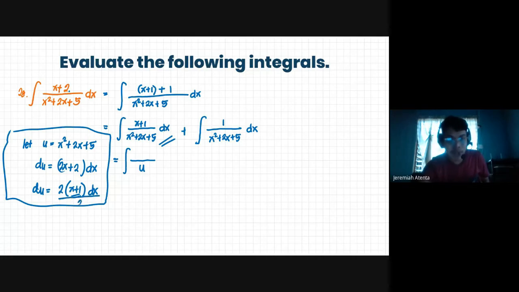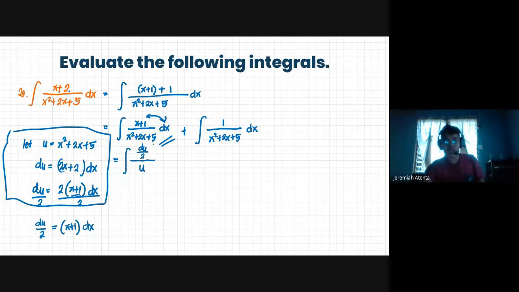We can actually divide both sides by 2. So, divide nyo yan by 2. So, you will have du over 2 equal to x plus 1 dx. And that is x plus 1 dx. Nandito siya. Right? So, from that, this will become du over 2. Okay? X plus 1 dx is just du over 2.